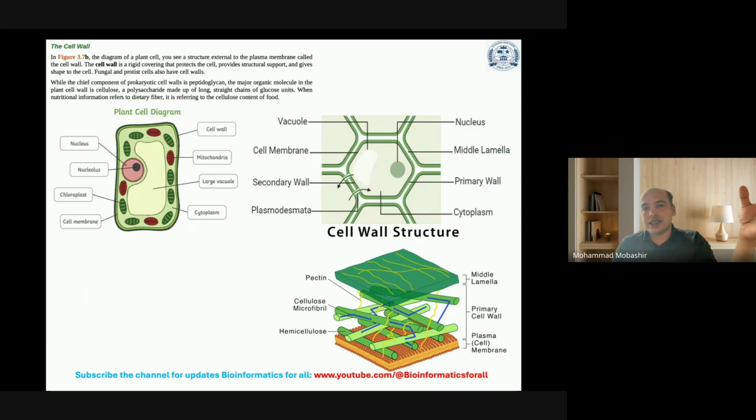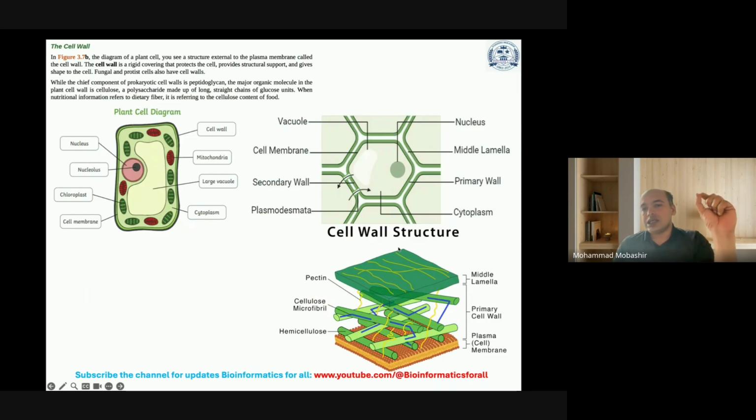And if you want to see it in terms of well-defined structures, the right side is a similar thing, just to represent it in a well-defined way. For the cell wall, you can see here the primary cell wall, the secondary cell wall, and then something called the middle gap, that is the middle lamella.